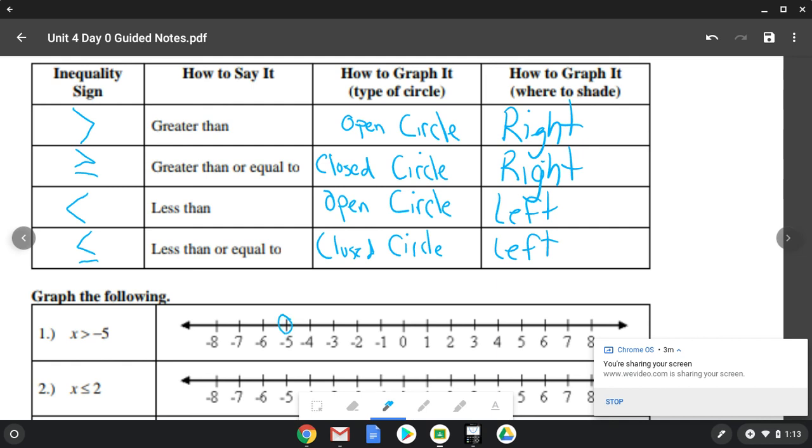We look at this inequality sign, and it doesn't have an equal to, so it's just going to be an open circle, so we don't shade it in. The arrow is pointing to the right, so that's the way that we shade this. We use our pencil, make this a little bit darker, draw an arrow at the end, and that's shaded appropriately. So it's an open circle because it doesn't have the equal to, and it's shaded to the right because that's the way the arrow is pointing.